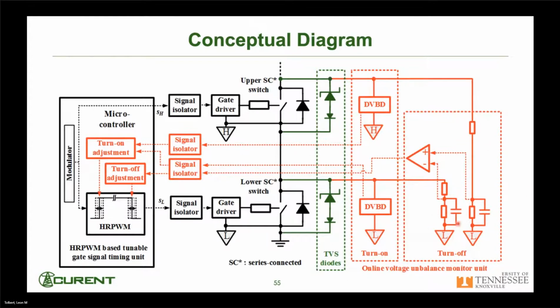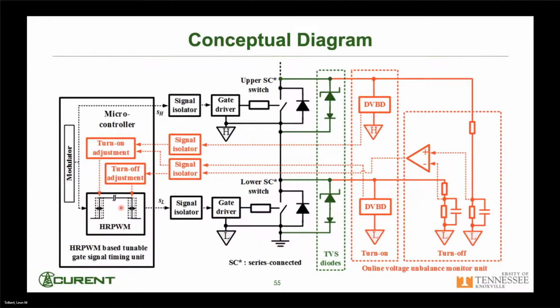If we start here on the right, this is basically sensing our voltage imbalance and determining our dynamic voltage balance, sending that back through a signal isolator, and basically we need to dynamically adjust either the turn on, which is this rising edge, or our turn off, which is this falling edge.